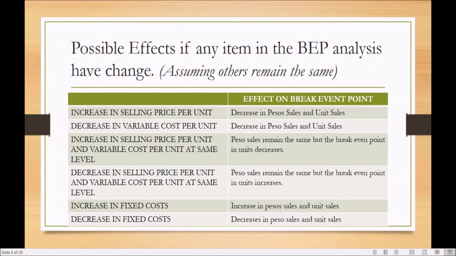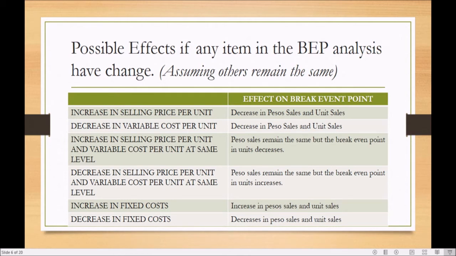Ganun rin po yung effect on decrease in selling price per unit and variable cost per unit at the same level. Okay? The peso sales will remain the same kasi the contribution margin ratio will remain unchanged. Pero, yung unit sales natin will increase.